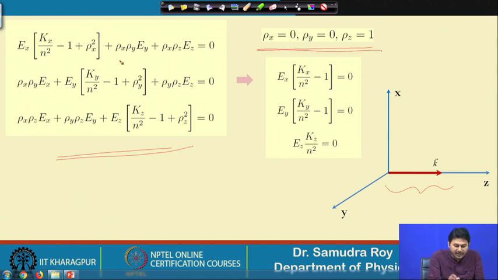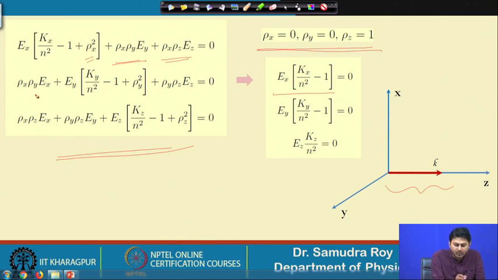Once I put rho x and rho y as 0, in my first equation this term will vanish, this term will vanish, and the rho x term will also vanish. We will have Ex multiplied by (kx n square minus 1), and this is my first equation under the condition rho x equal to 0, rho y equal to 0 and rho z equal to 1.